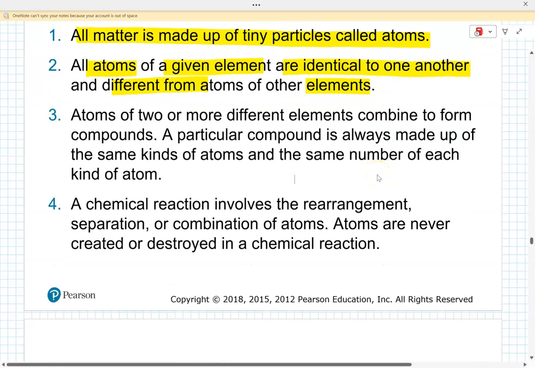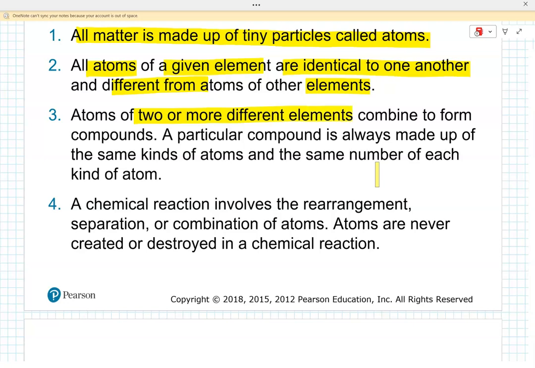If you combine atoms of two elements, it's going to form a compound. Okay? Every compound has the same kinds of atoms and the same number of each kind of atom, no matter where you get this compound from.